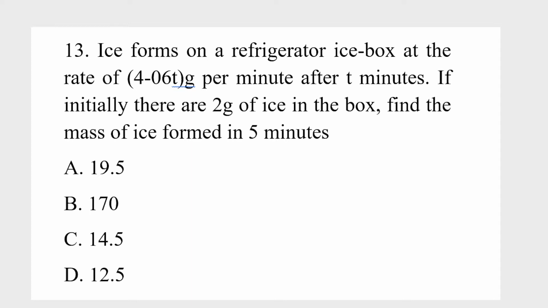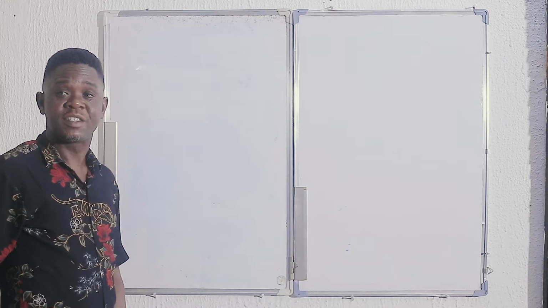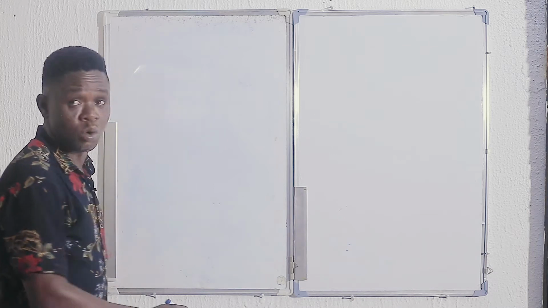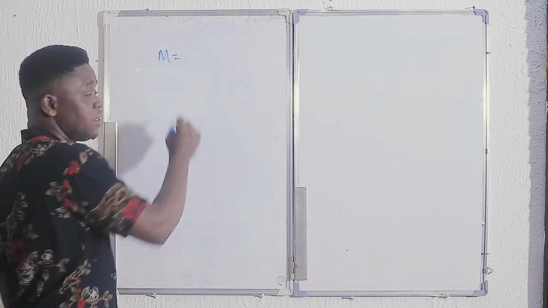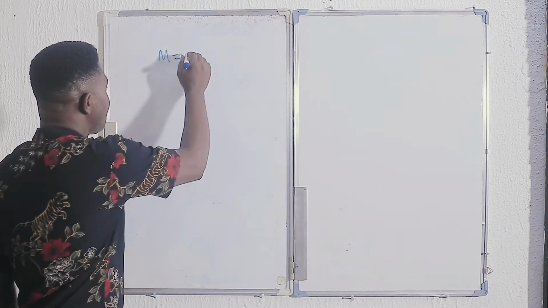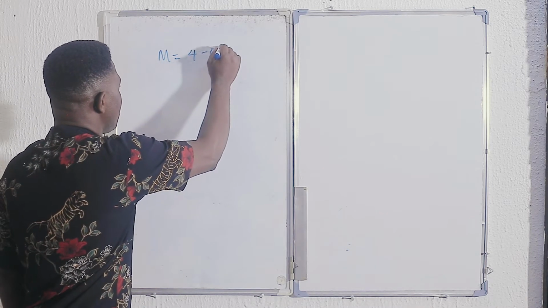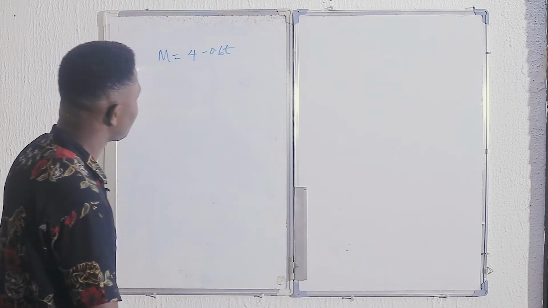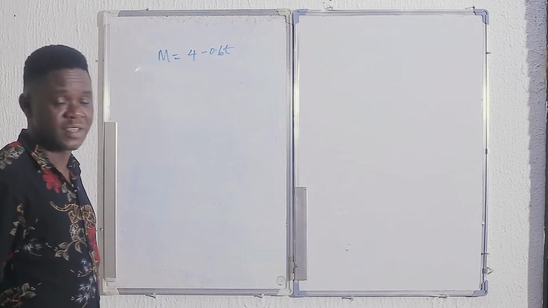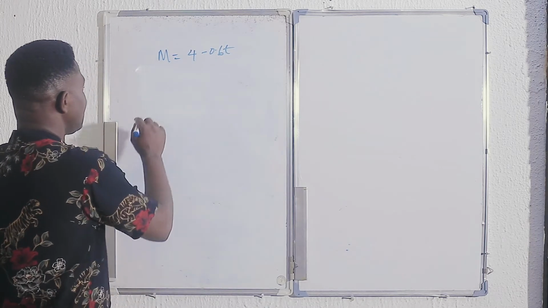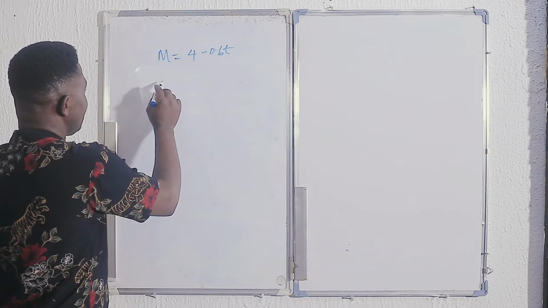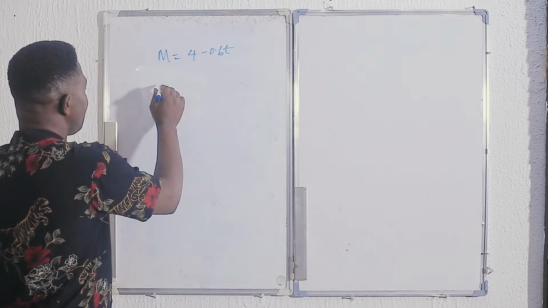Okay, so this is one of the applications of integration. We are given the rate of change of mass, 4 minus 0.60t. Rate of change, you introduce a differential function.